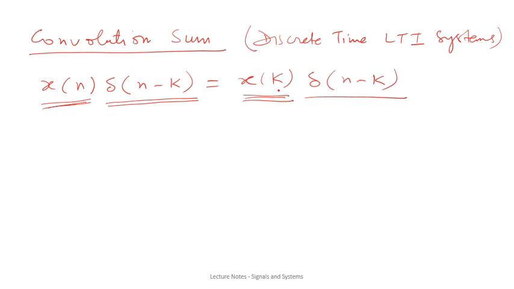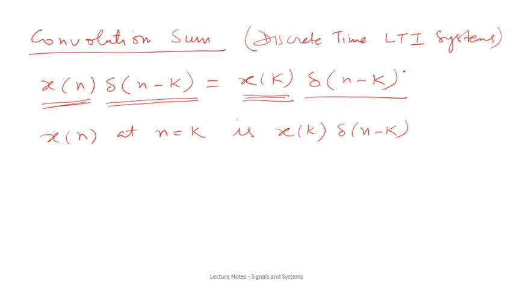So the component of x(n) at n equals to k is this x(k) delta(n minus k). I will just repeat the sentence which I just explained: the multiplication of the signal by a time shifted impulse results in a time shifted impulse.